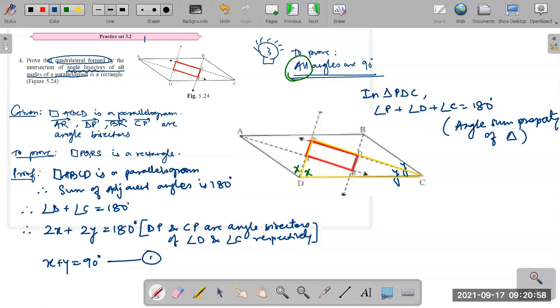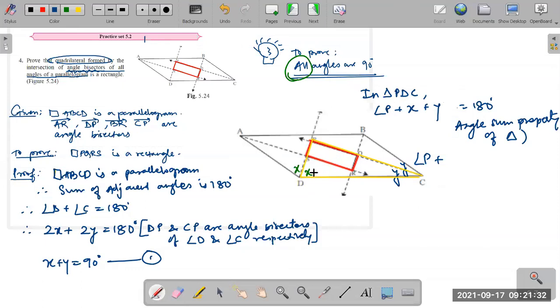Now just substitute the values. What is angle P? We don't know, keep it as it is. For angle D, instead of writing it that way, you can write angle P plus X plus Y plus X plus Y, because when I write D, it can be ADP, PDC, or the complete angle ADC.